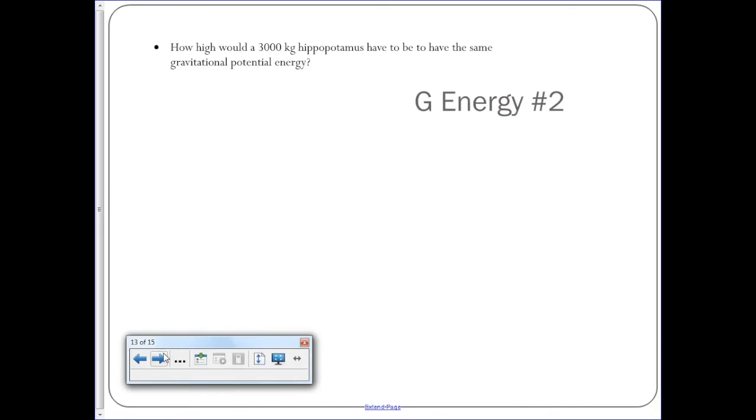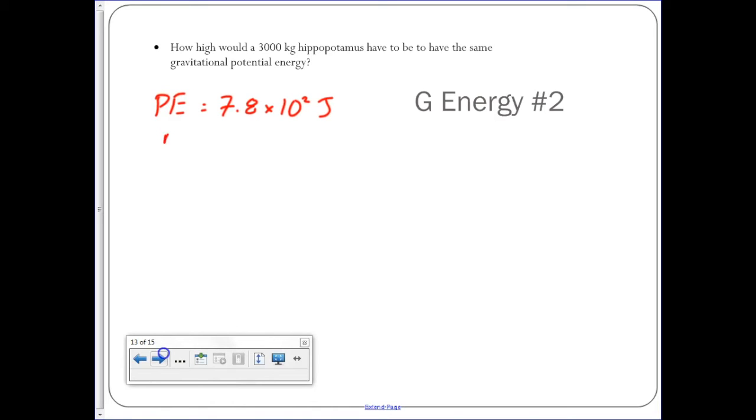Next question. Let's give it a try. How high would a 3,000 kilogram hippo have to be at the same gravitational potential energy? So again, we're going to use the potential energy that we calculated in the last one, 7.8 times 10 to the 2 joules.